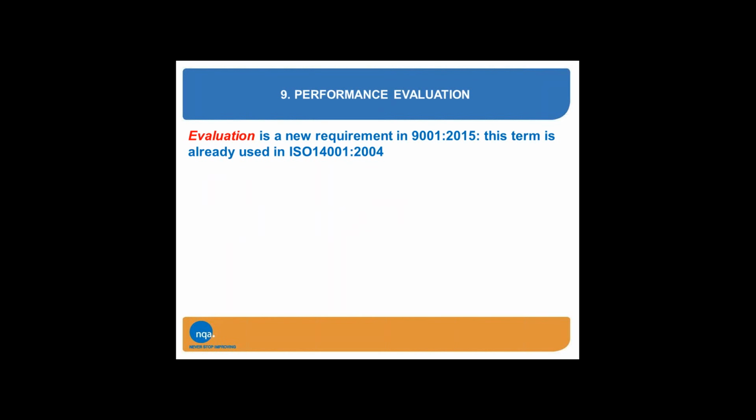Performance evaluation. Now we're getting into the how are we doing, the monitoring and measuring elements. We've carried out our processes. How are we doing? So evaluation is a new requirement or a new term in 9001. It's already used in ISO 14001, and indeed it's a term that is now in Annex SL.